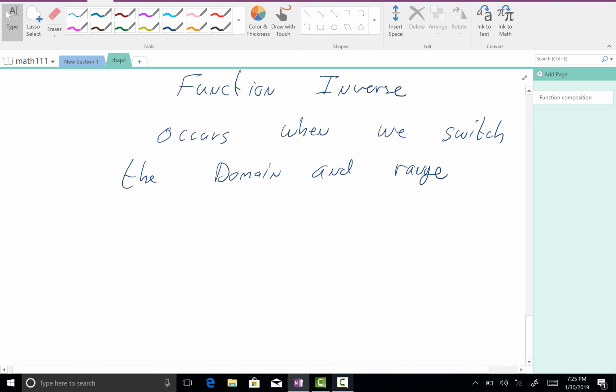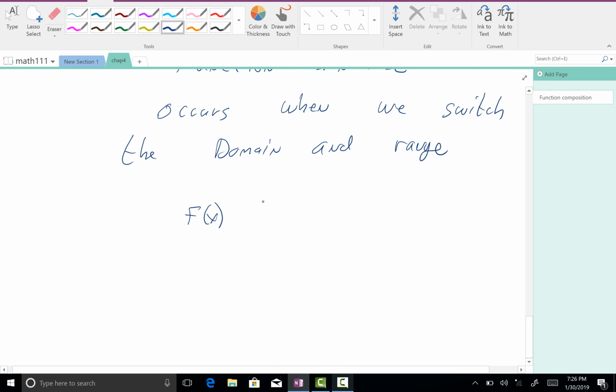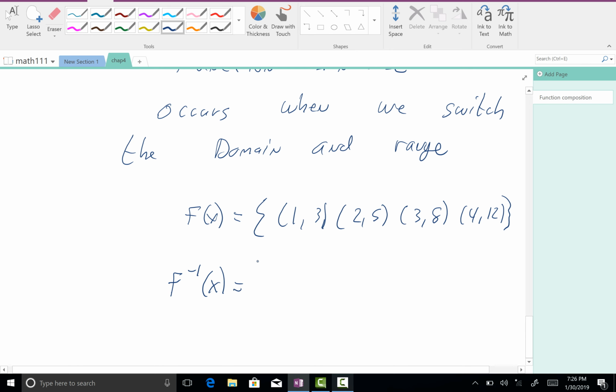So if I have a function f, and I have a domain 1, 3, or function here, 2, 5, 3, 8, 4, 12. Okay, there's my function right there. The inverse, which is symbolized by that little -1, would be switching these things around.